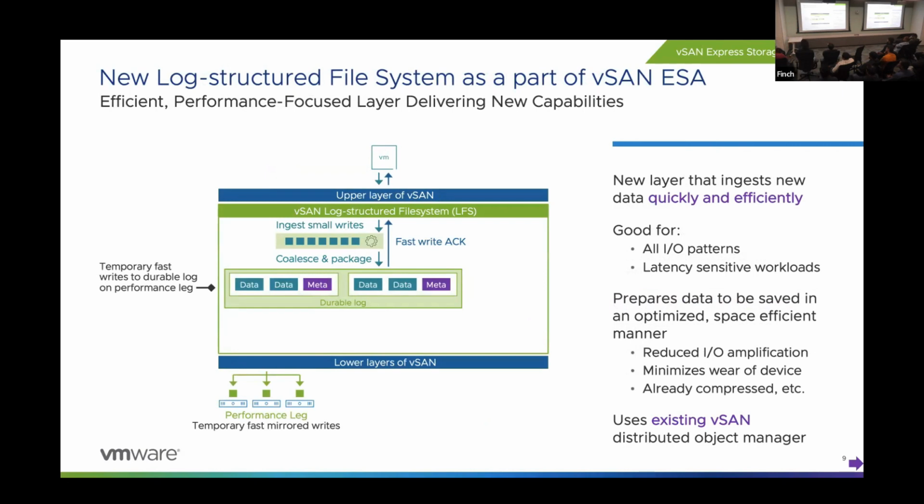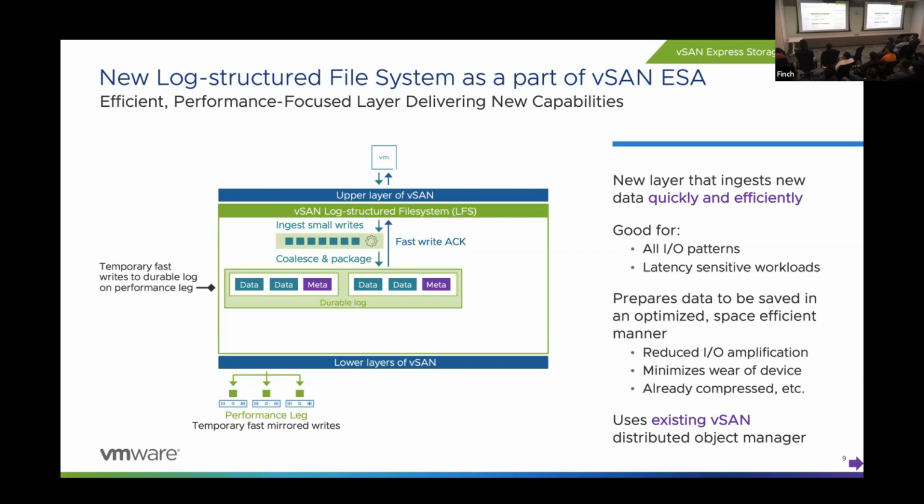As soon as it writes a larger block, it saves that block to the durable log. The durable log is a part of the performance leg. When I said that you don't have a cache disk or a capacity disk, but you do have a performance leg and a capacity leg inside a storage pool, that is so that you can segregate what is required for performance and what is required for capacity.